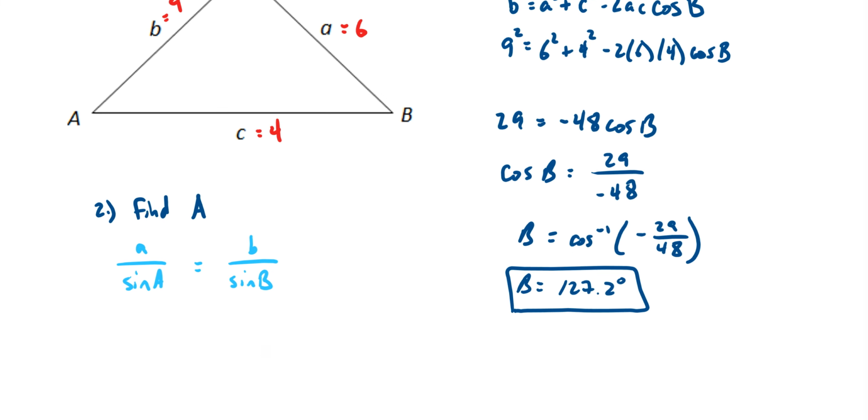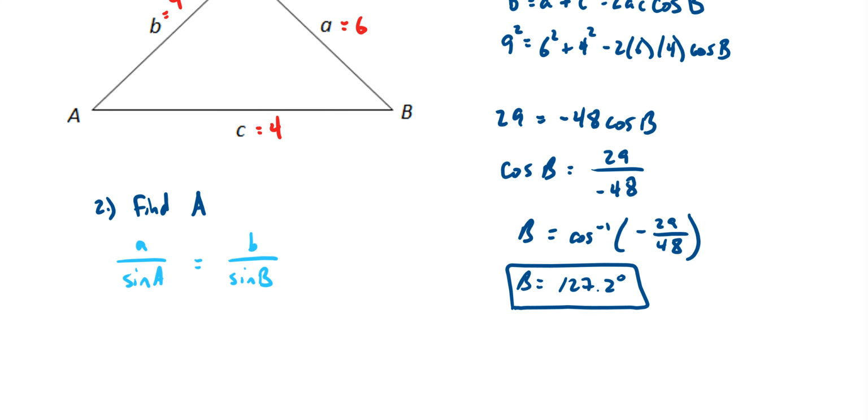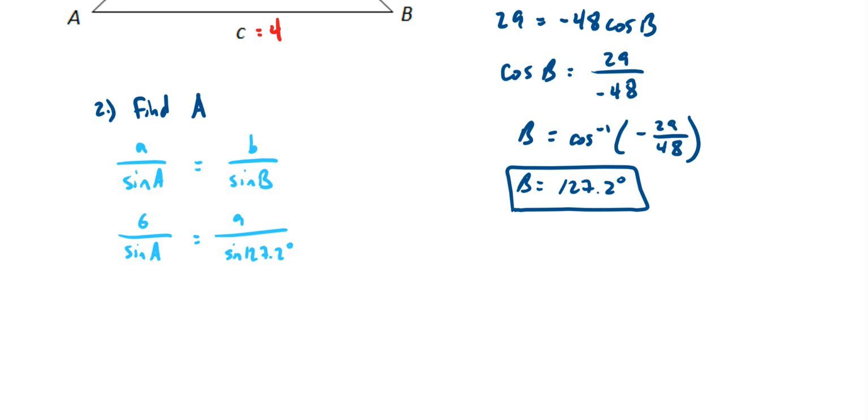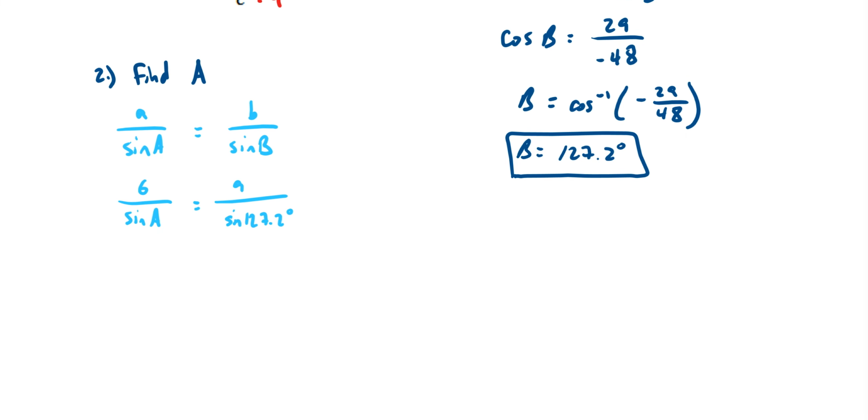This is going to be 6 over sine of A equals 9 over sine of 127.2 degrees. And then solving this, just like we've done a million times here, I'll skip to solving it. We get sine of A equals 6 times sine of 127.2 degrees over 9.